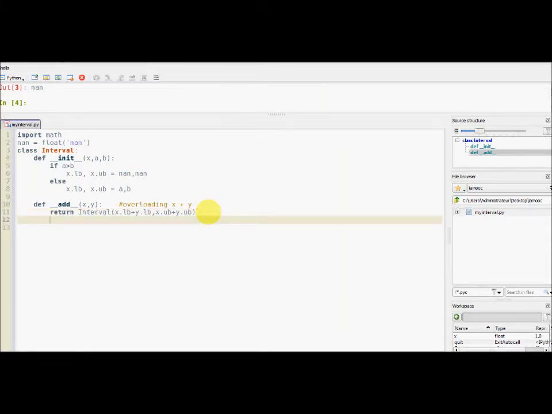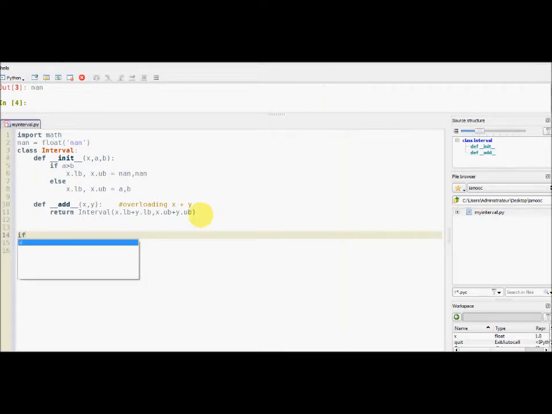Now I will try this program in the main file. So how it works, I will do if the name corresponds to main.